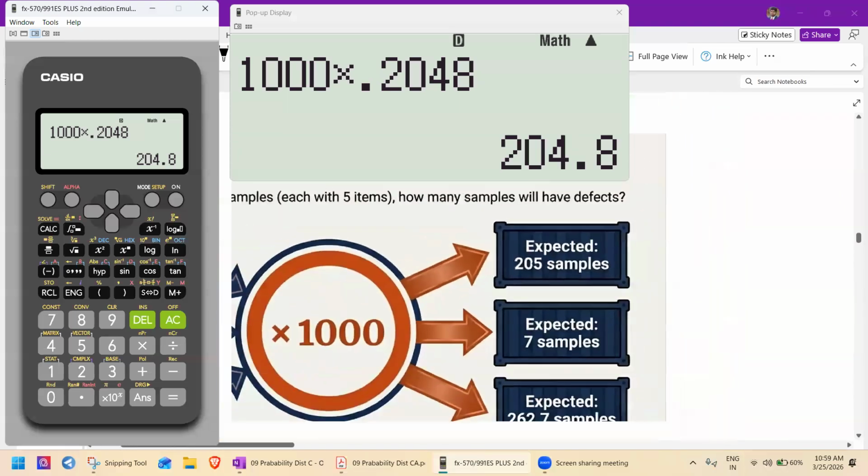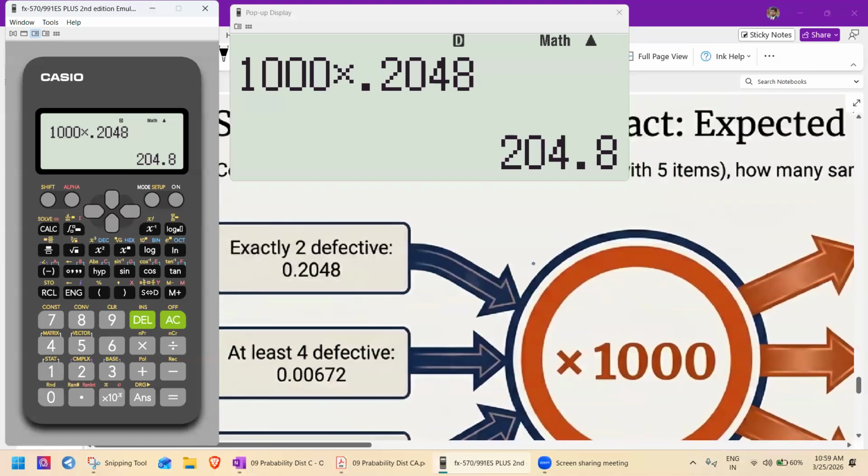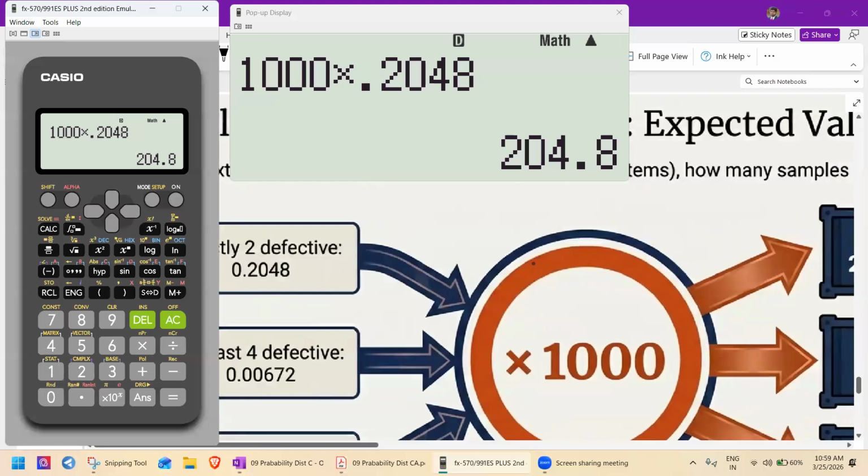The second question, at least 4 defective items. At least 4 means in a sample, 4 items defective or 5 items defective.